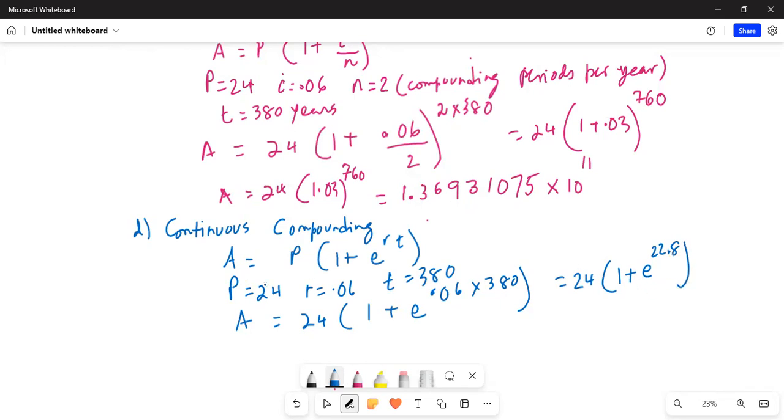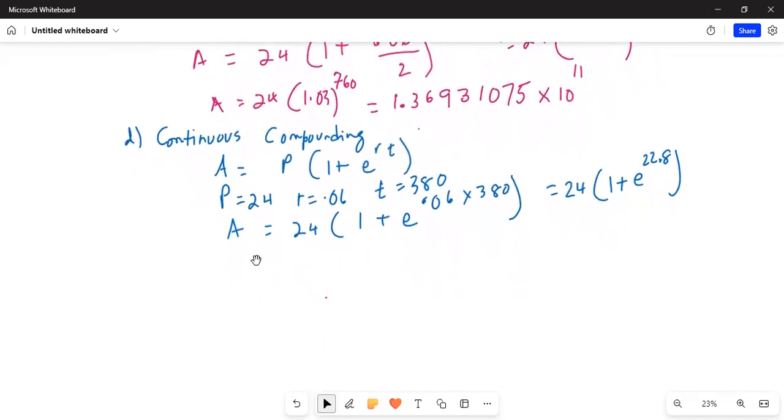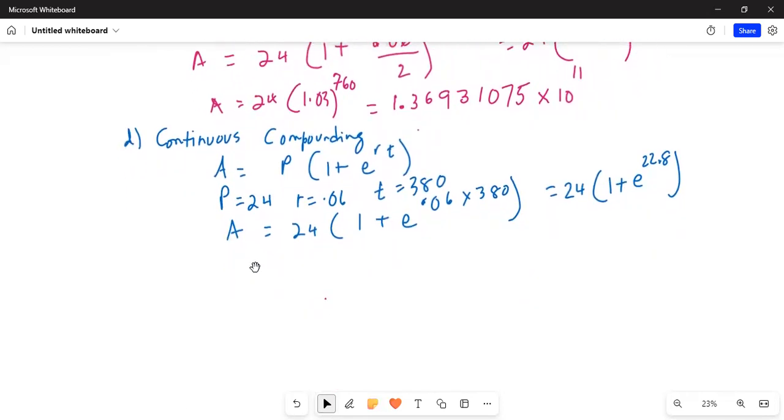So if I use the calculator, this will also be a huge amount. Probably the growth will be the highest in this case. So what do we do in our calculator? We look for the e.